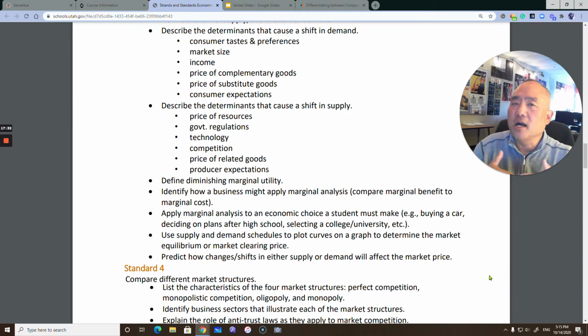So the benefit is not as great the second time as it was the first time. It's not as great the third time as it is the second time, and so forth. Everything is diminishing. The utility, the usefulness, the interest is diminishing.